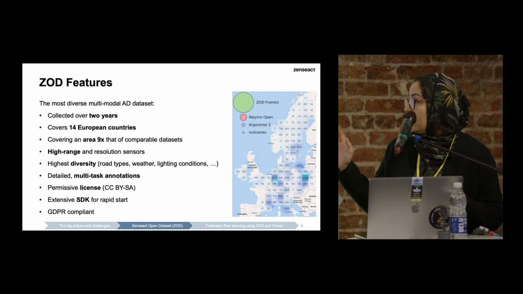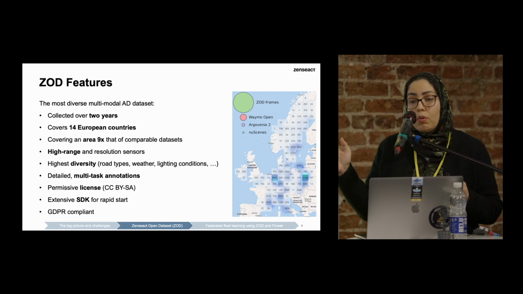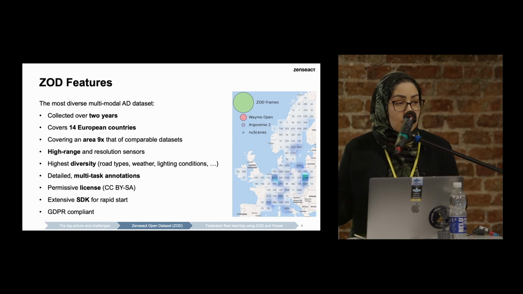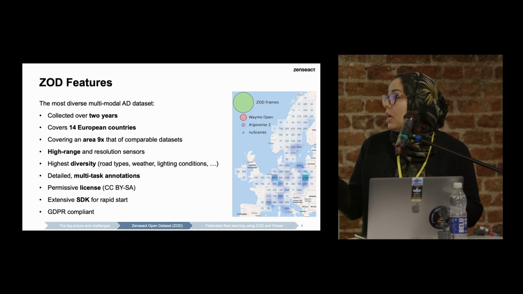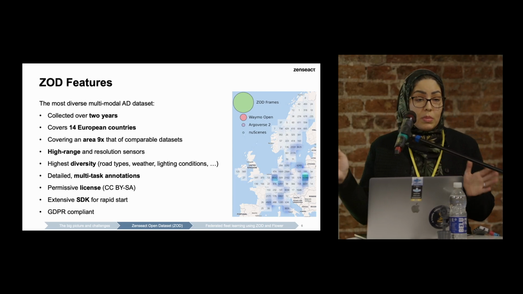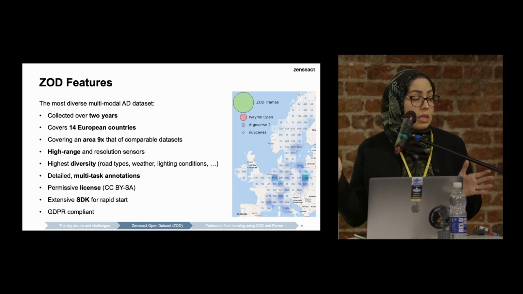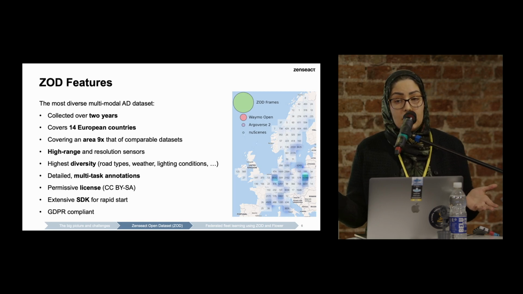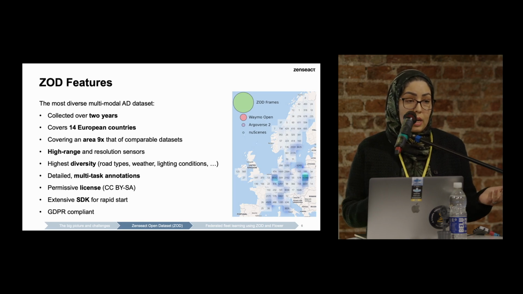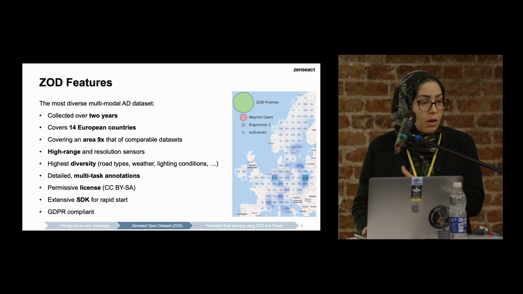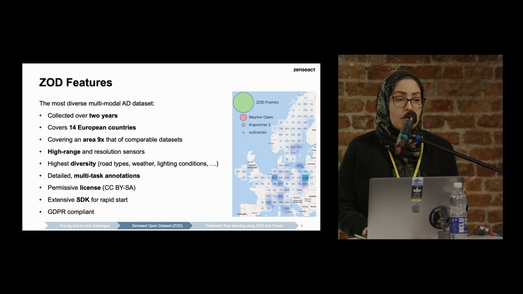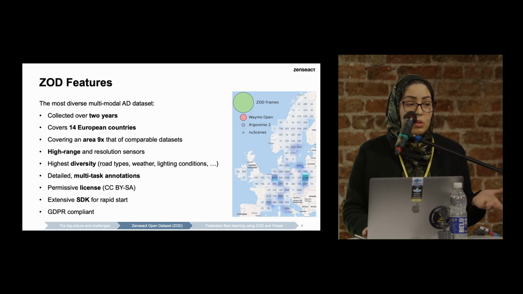I will talk about it later on. We also provide detailed multitask annotations for several perception tasks. And most importantly, we released this dataset with a permissive license that allows both commercial use as well as research. And it comes with a software development kit that facilitates the use of it.